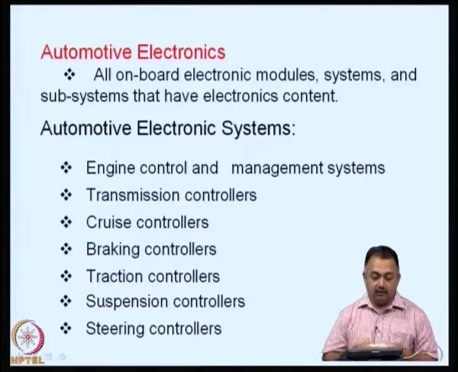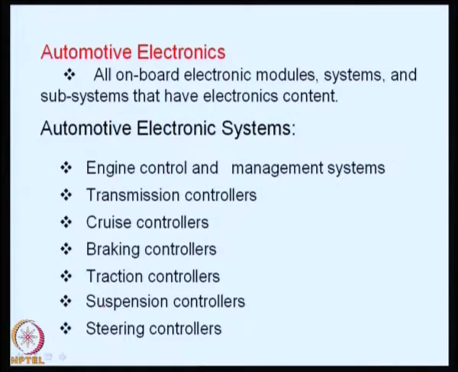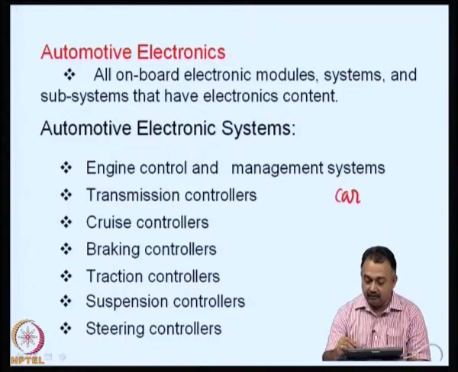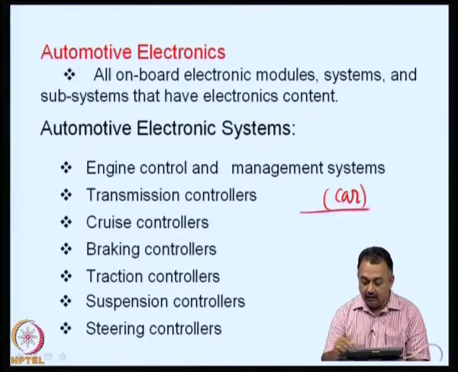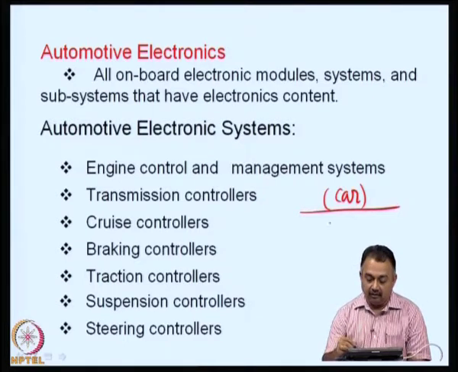Then comes automotive electronics. In automotive electronics, as I said before, we have complex systems, because if you take a car, an automobile, for example, the space available for the electronics is very small.